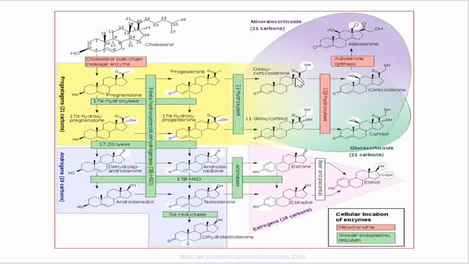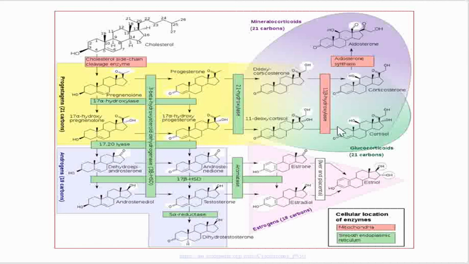Likewise, you can see here at this position, this CH bond can be converted into COH. You can see that in most cases, the converted compounds are generally water soluble alcohols.